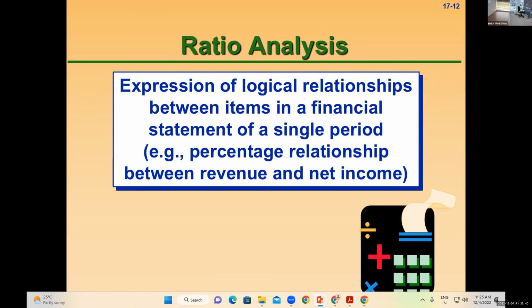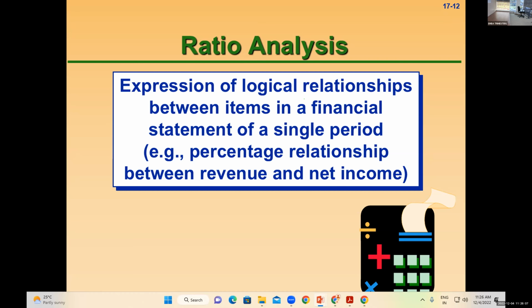Company B has earned a profit of 2 lakhs for a sale of 50 lakhs. Now you can compare these two companies, not in the absolute terms of profits.